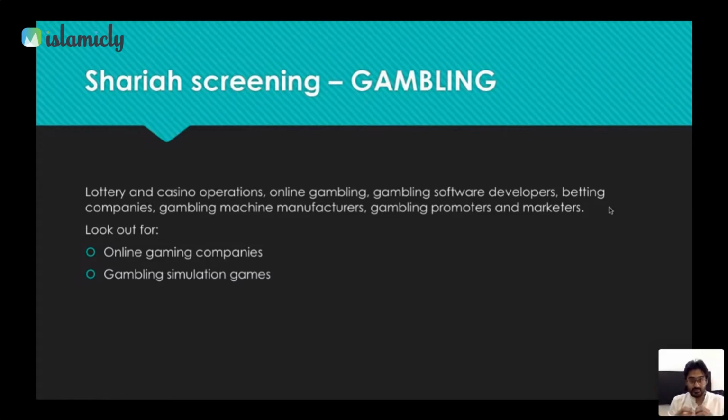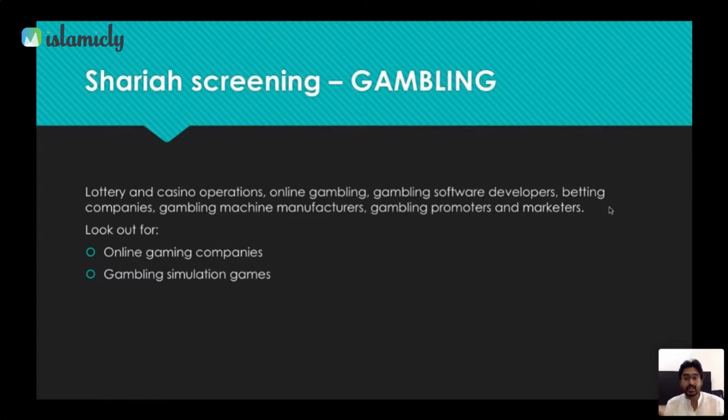Now, another breed of games are those which allow simulation of gambling. It does not necessarily mean that you have to put in real money. Gambling games allow you to put money and then play the game, and you can win big, or almost certainly lose everything.